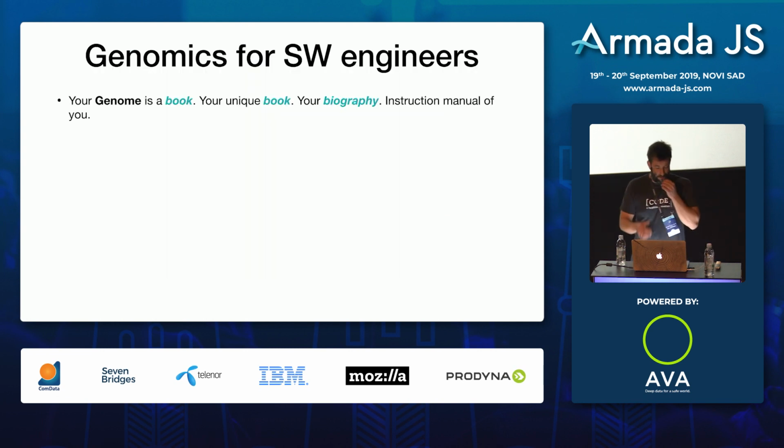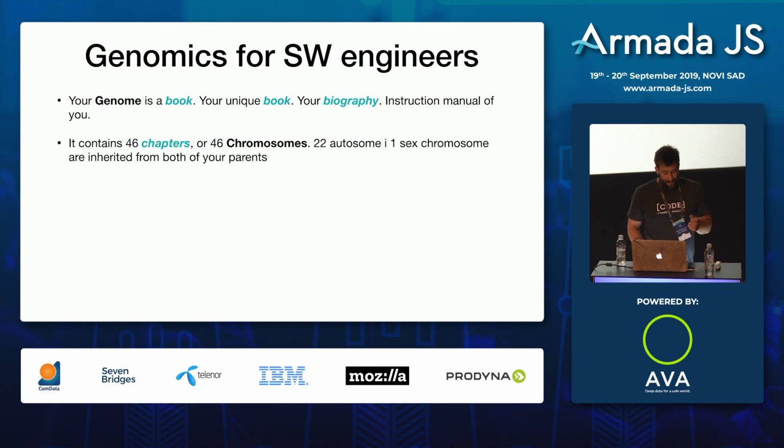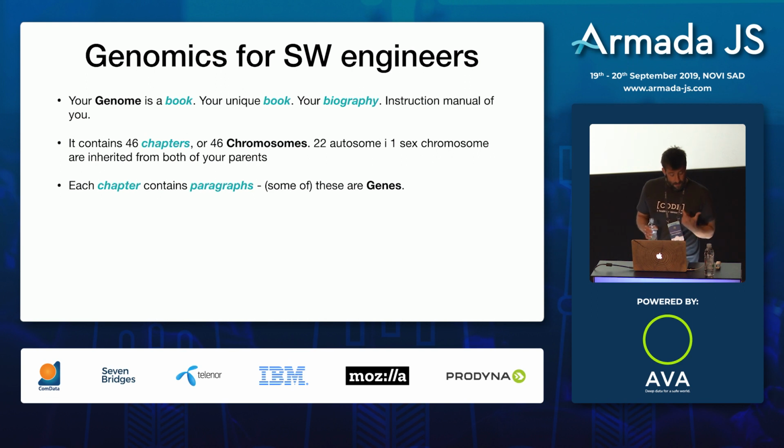Yeah, one more example. A genome is a book. It's your unique book, your biography. It's the instruction manual of you. It contains 46 chapters, or 46 chromosomes, 23 from your mom, 23 from your dad. Each chapter contains paragraphs. These paragraphs, or some of them, are genes.